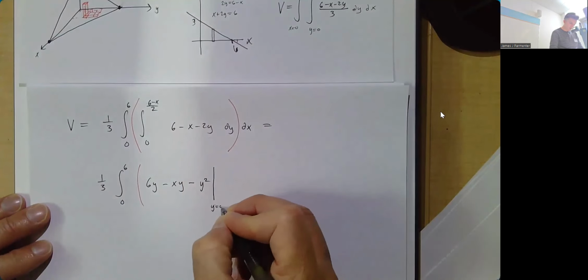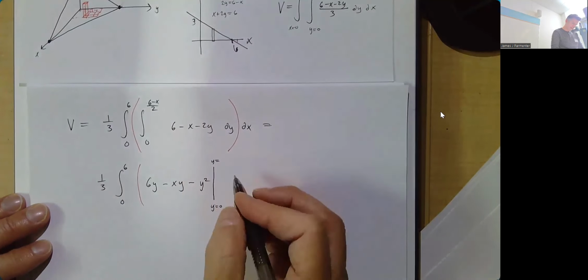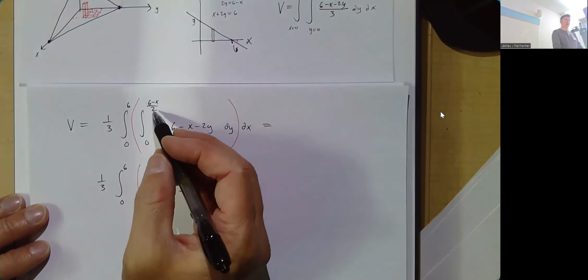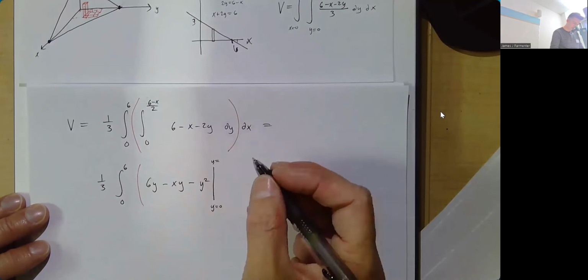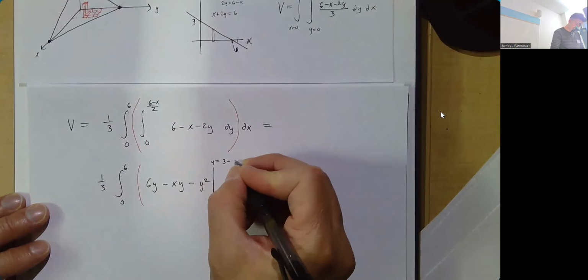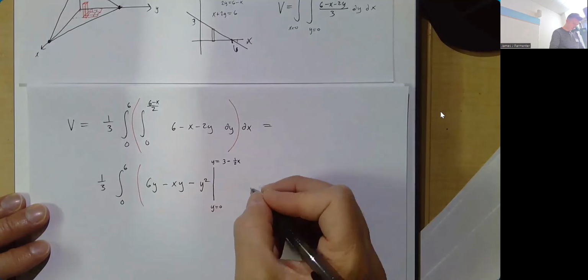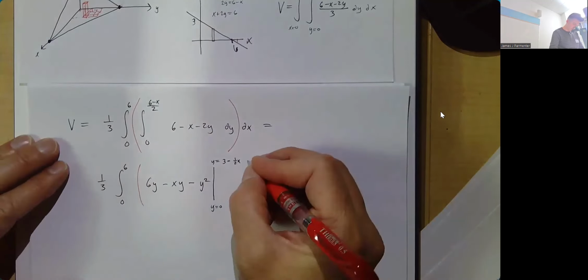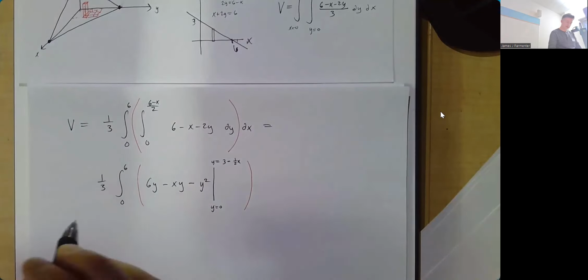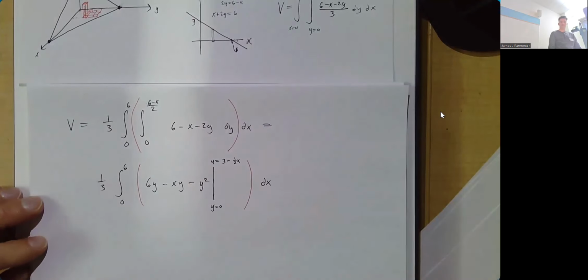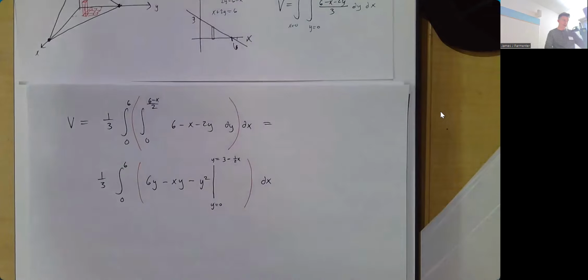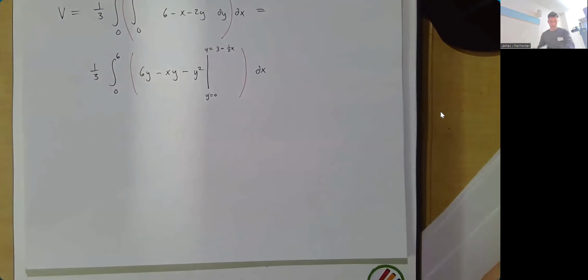From y equals 0 to y equals, I would probably rewrite this as 3 minus x over 2, or 3 minus 1/2 x. And then you don't need these parentheses. I just like to be clear what's going on here. dx. So we're just evaluating the inner integral before we do anything else.